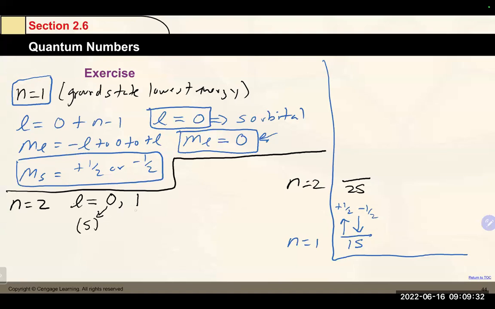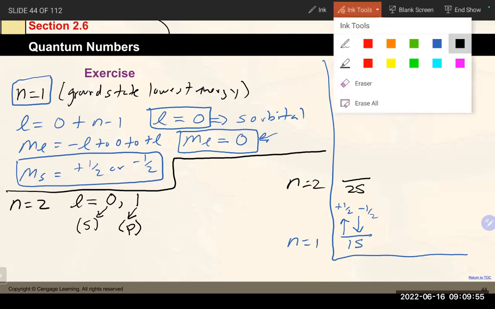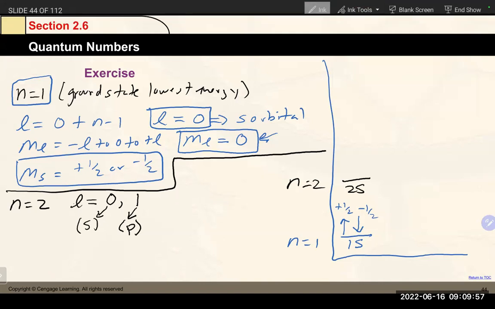A value of 1 for L represents the p orbitals. So that tells us that the p orbitals appear here on the second energy level, and that is why earlier we said that s's begin on the first energy level and p's begin here on the second energy level.